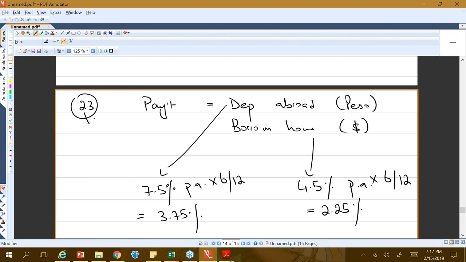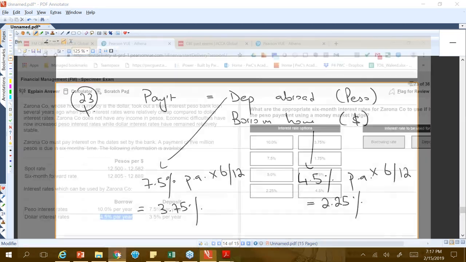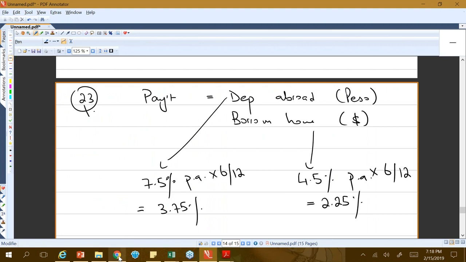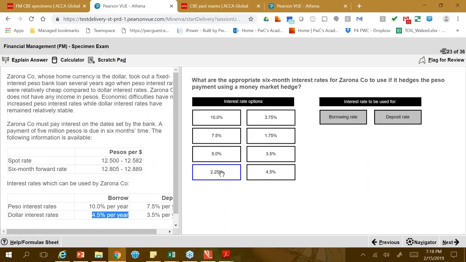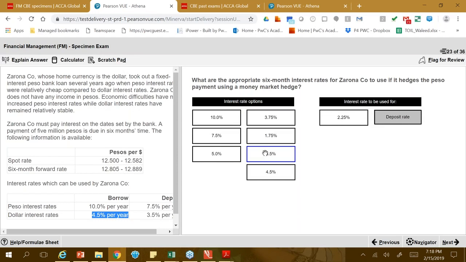Now, this is how I've solved this, and I'll take the right options now. The borrowing rate here is 2.25%, so the 2.25% goes in as the borrowing rate. And the deposit rate here would be 3.75%. And that's it. So we just got the right rates now here.